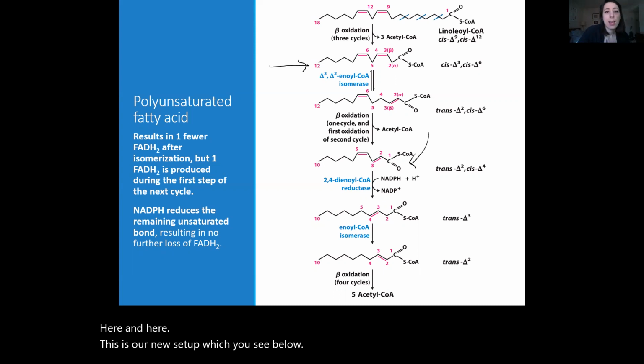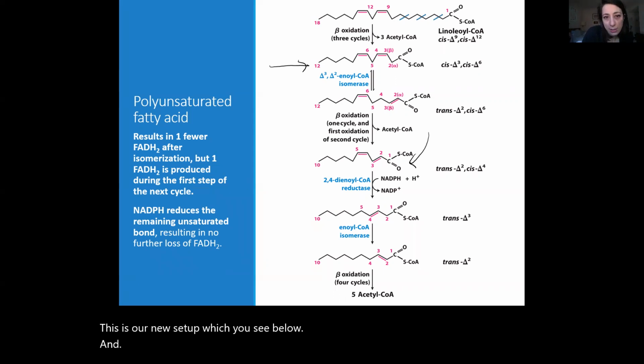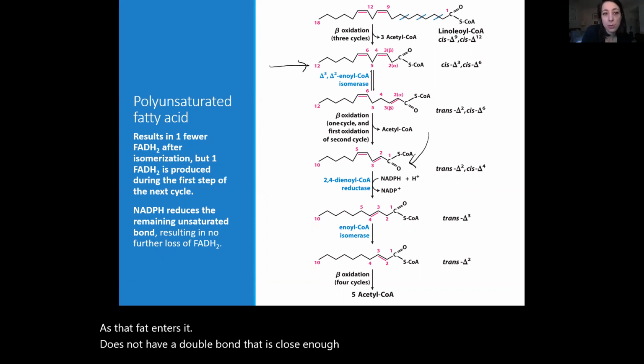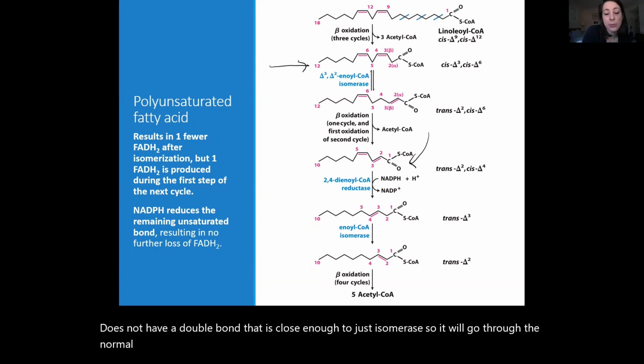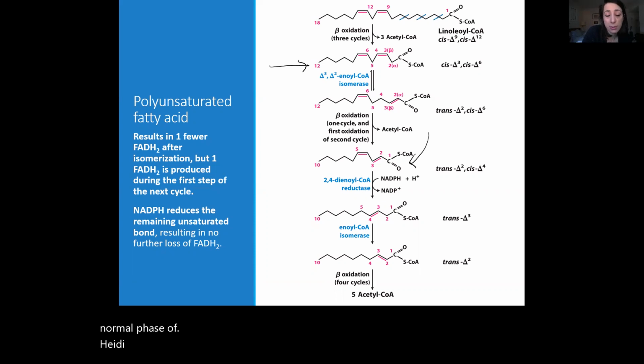And as that fat enters, it does not have a double bond that is close enough to just isomerase. So it will go through the normal phase of dehydrogenating the alkane to a double bond. And that's actually already shown.